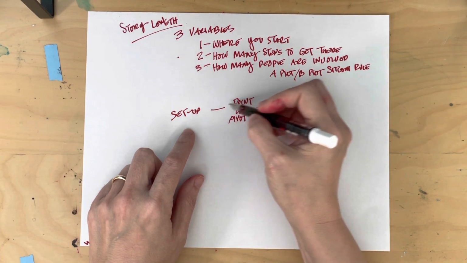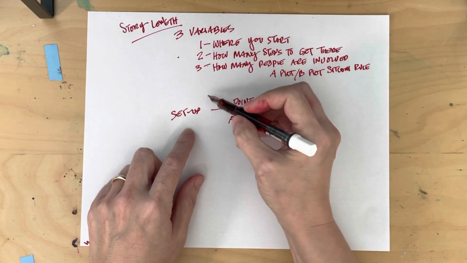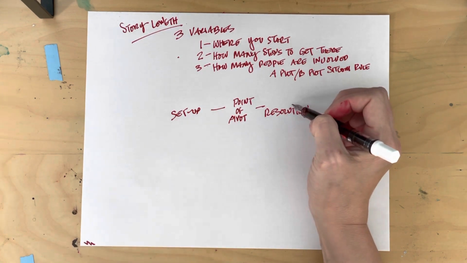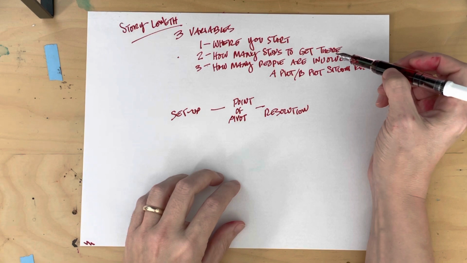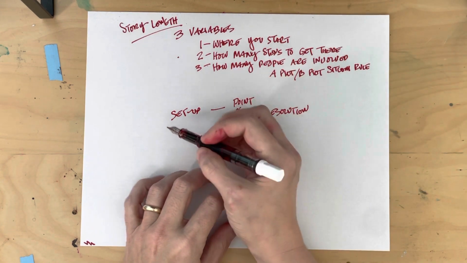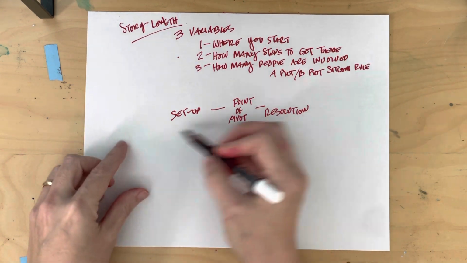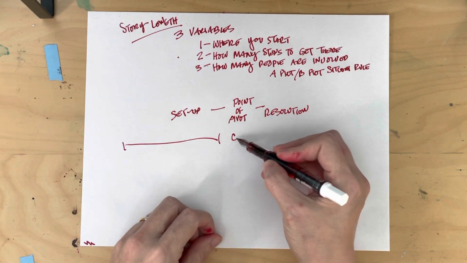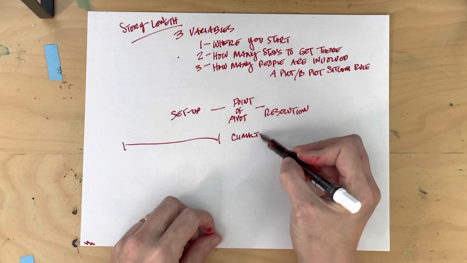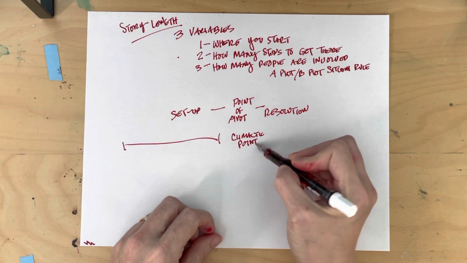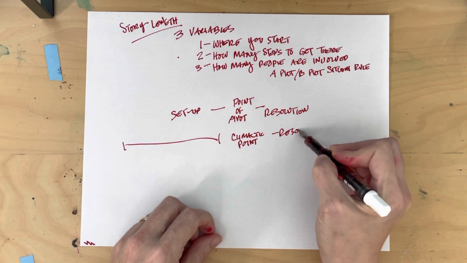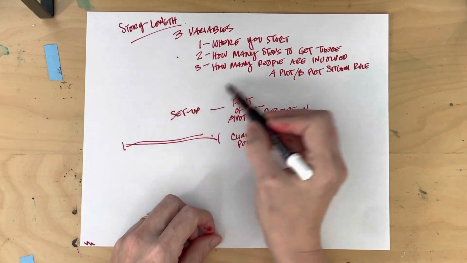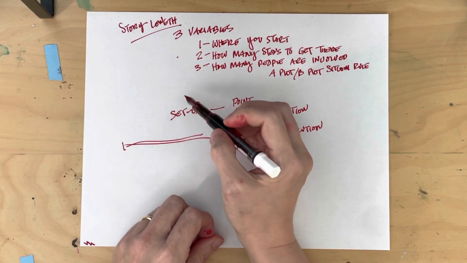You want a very short setup to get there. You know, in a short story, it might be 1 or 2 scenes in order to get there. In a longer novel, then this setup is much longer to get to this conflict, this climactic point, right? And the resolution.